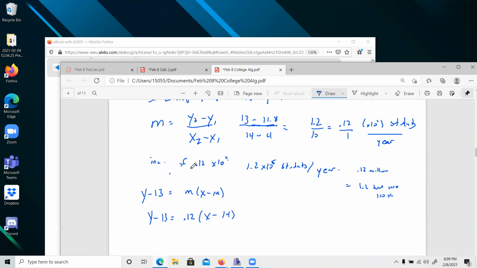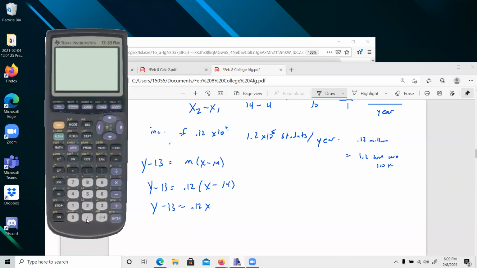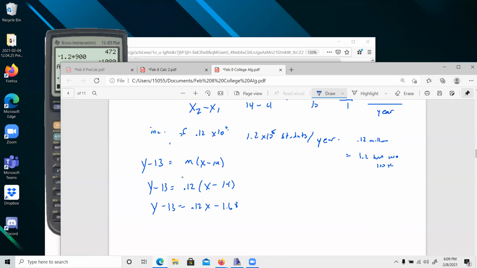Okay, so let's deal with this. What's 0.12 times 14? It looks like 1.68. So minus 1.68. We're going to add 13 to it.